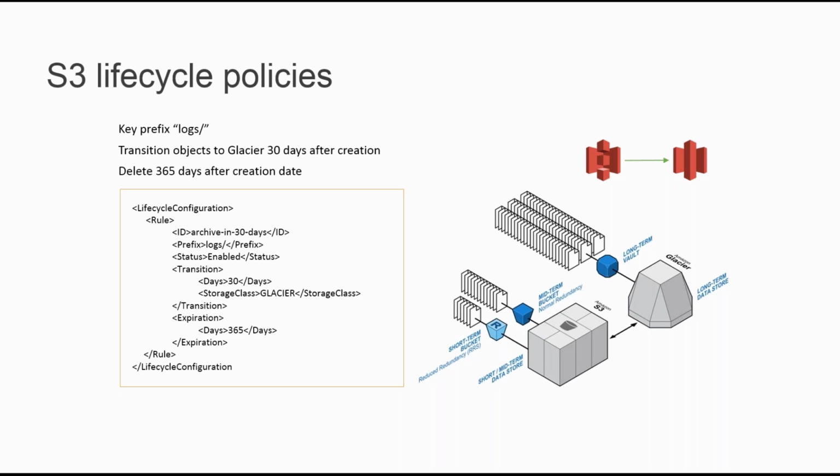You might want to keep them for some time in the standard storage, because if something goes wrong and somebody reports something, you would want to go through the logs and understand what caused the problem, right? So you create a lifecycle policy on your S3 bucket where you say any file which comes into this bucket, keep it in the S3 standard class for 30 days. After that, move it to Glacier, and then let it be there for 1 year, 365 days, and after that, delete it.